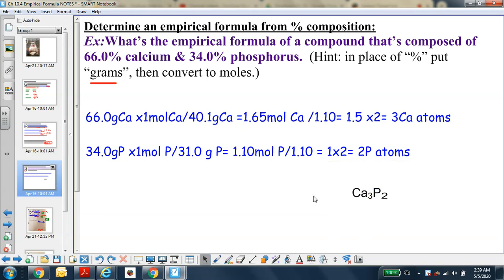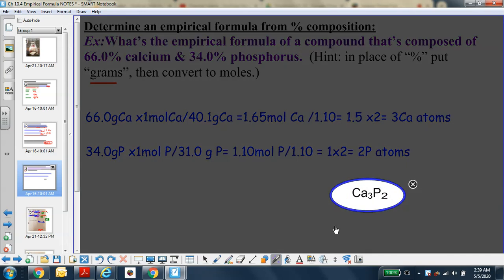There we go. So this is my empirical formula, and this is what I was after. Isn't that nice? Here's my empirical formula.